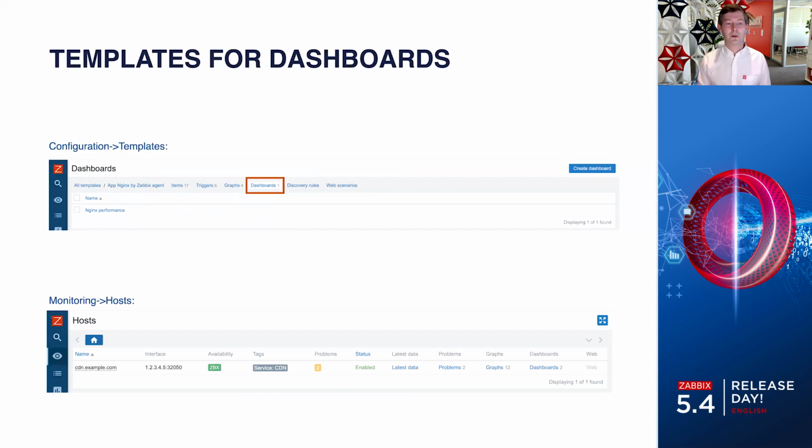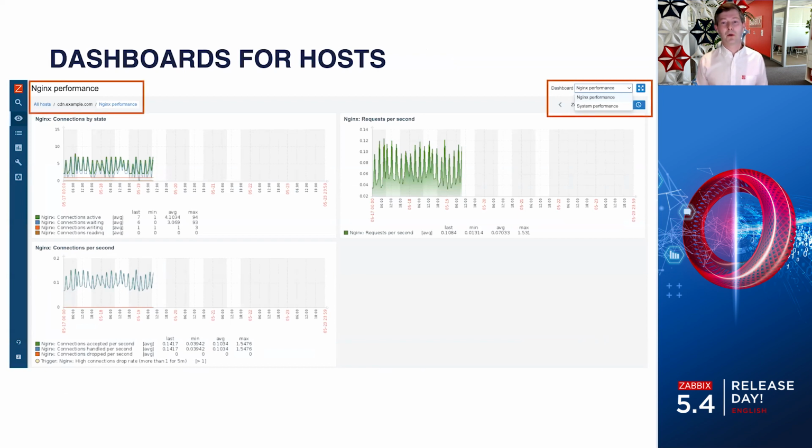And then under monitoring host, so my host is cdn.example.com, and it has two dashboards defined. One dashboard comes from this specific template, Nginx performance, and another dashboard may come from some other template. And then when I click on the dashboard for this specific host, I go to the dashboard view of this specific host, so I can see clearly, okay, this is a dashboard for cdn.example.com from my host, and I have a very quick selection between the templates this host has at the moment.